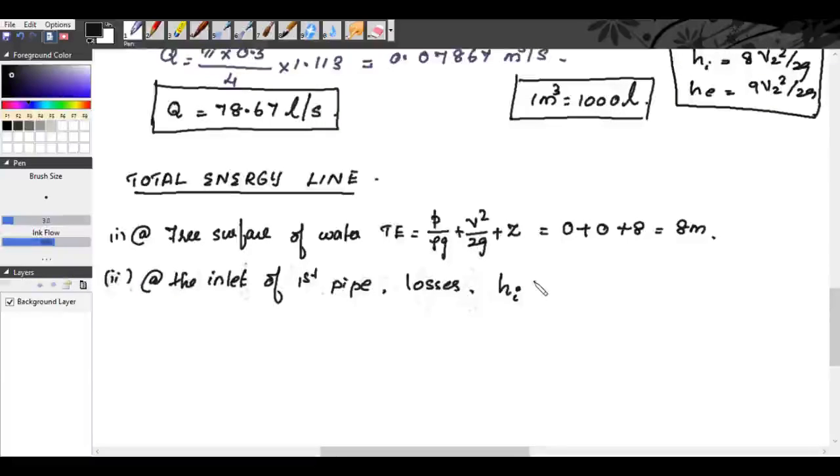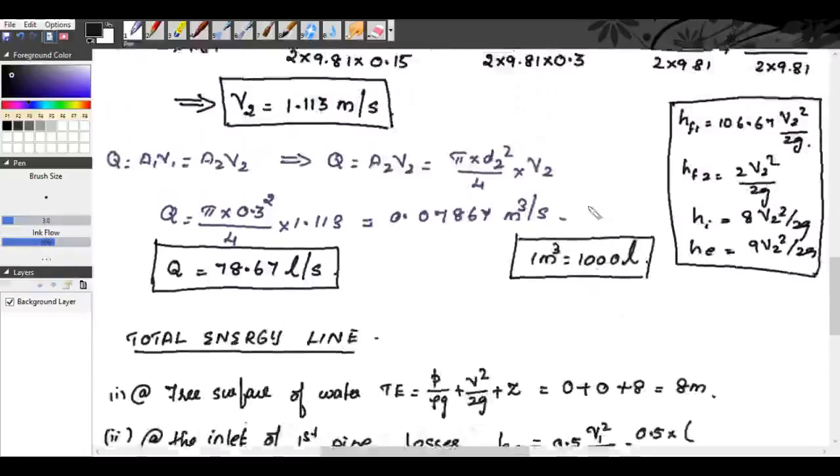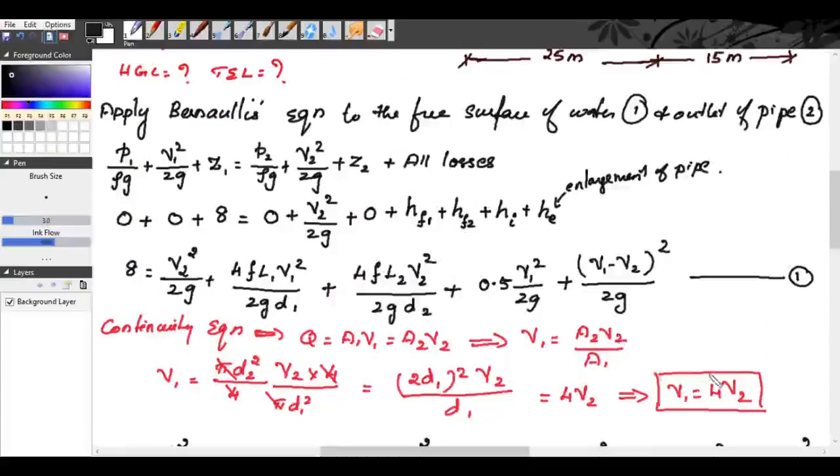So HI is equal to, we know it is 0.5 V1 square by 2G. So we get 0.5 into V1 is 4 times V2, right? V1 is 4 times V2.